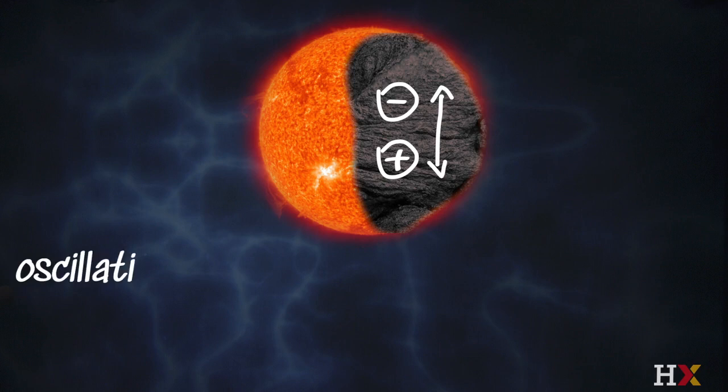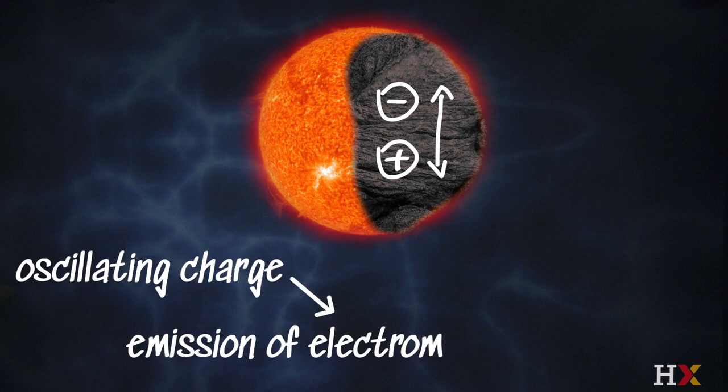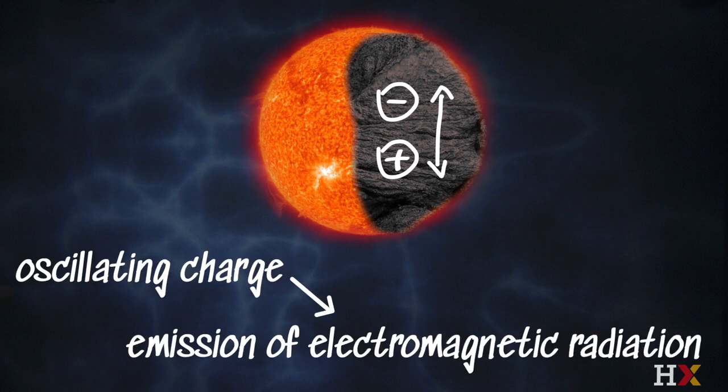That oscillating charge leads to the emission of electromagnetic radiation, which we refer to affectionately as light. So that oscillating charge that produces the electromagnetic wave that then emerges from the surface of the sun has a very distinct shape to it.